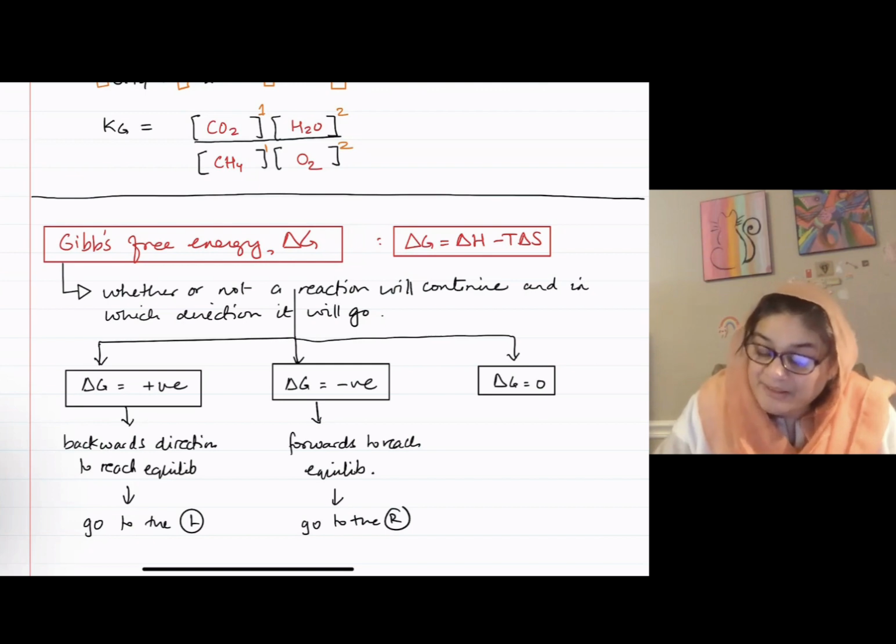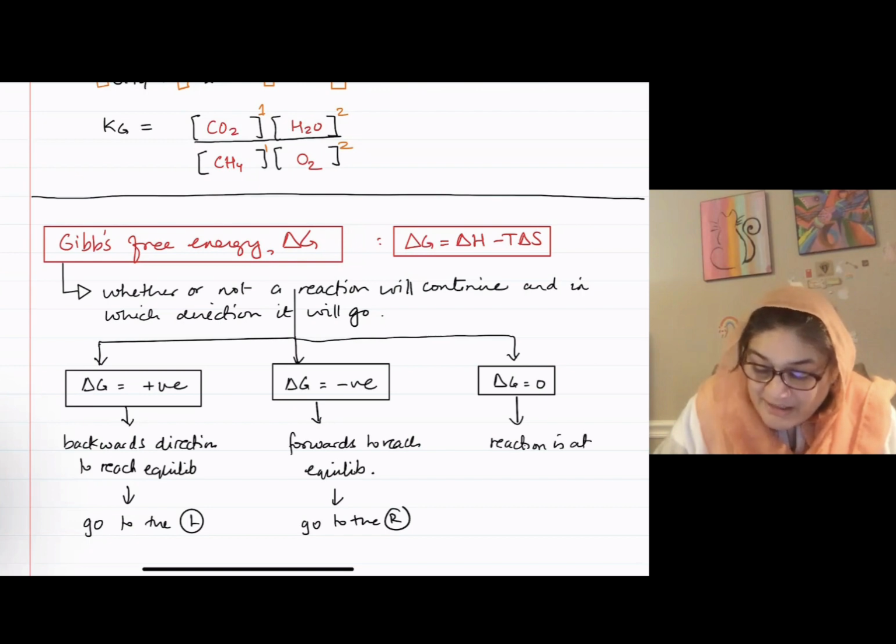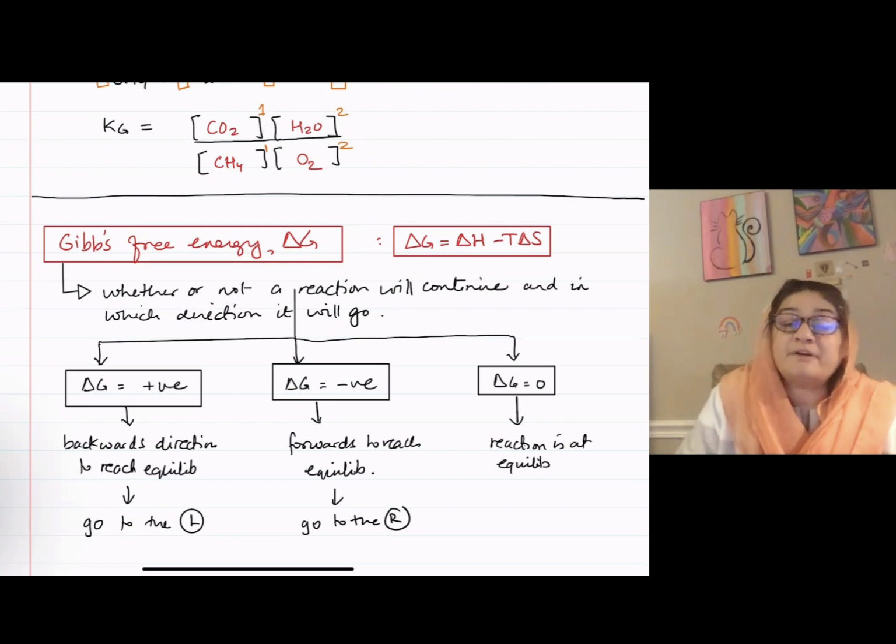So when delta G is 0, that means the reaction is at equilibrium and nothing further will happen.